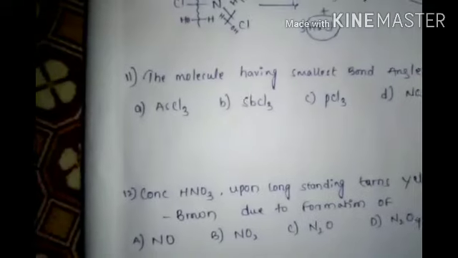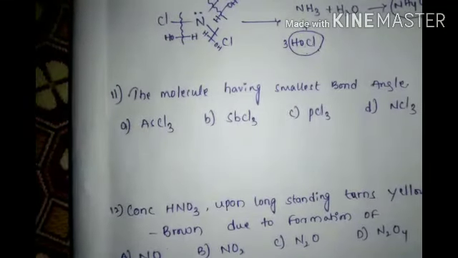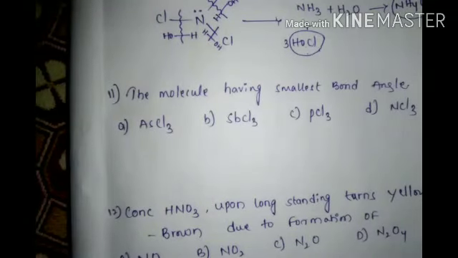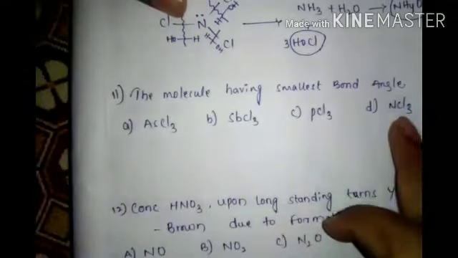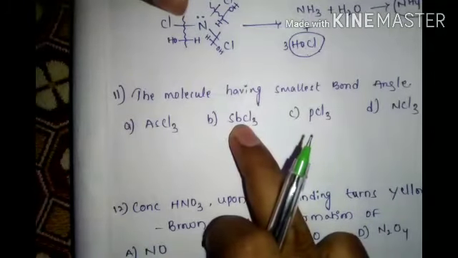11th question. A molecule having the smallest bond angle. This is simple. See, reverse the given order: nitrogen, phosphorus, arsenic, antimony.